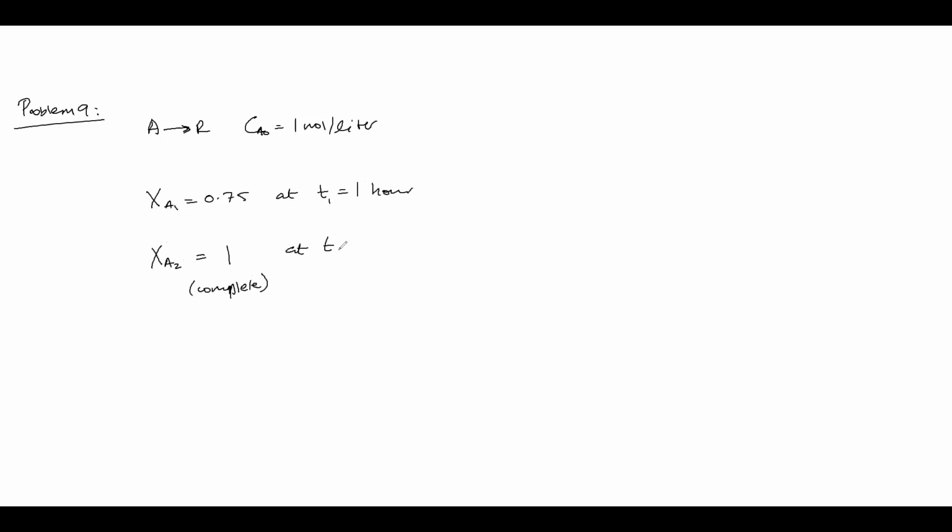At t2 equal to 2 hours. Find the rate equation. N equals, is it n? No, it's not n, because again, this is first order. So you basically need to find k. So for this problem, I need to find the rate equation.